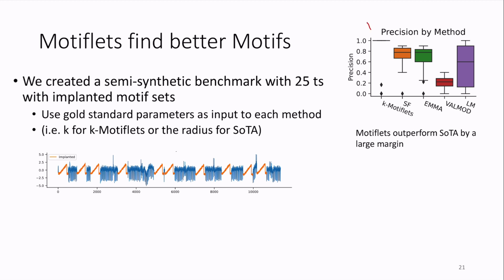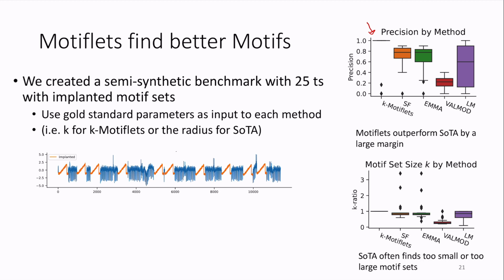So motiflets mostly find the exact implanted motifs, while even given the optimal radius, other methods are not able to identify these. If we look into details, actually state-of-the-art often finds too small or too large motif sets. We measure the ratio here, like the optimal number, which can be found, and either they are 3 times higher or lower as the number of subsequences that can be found.